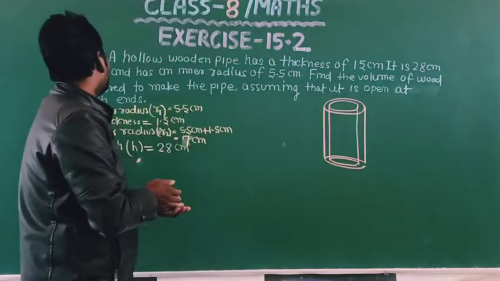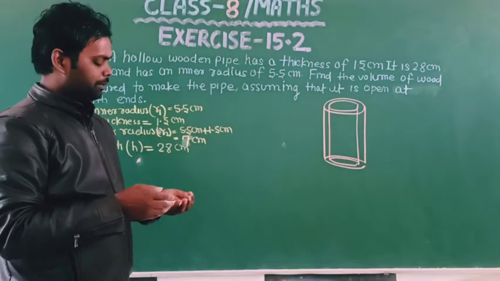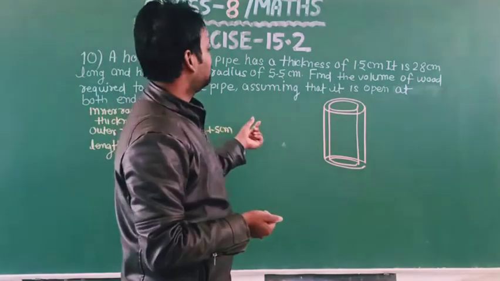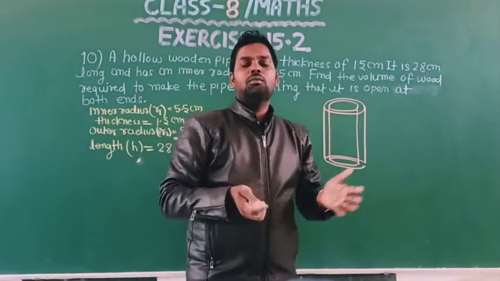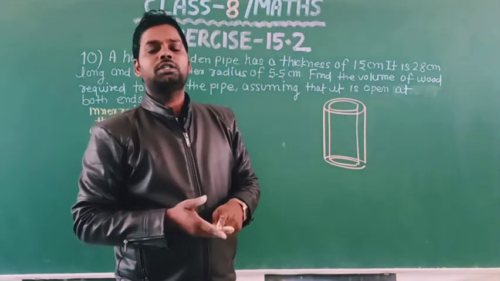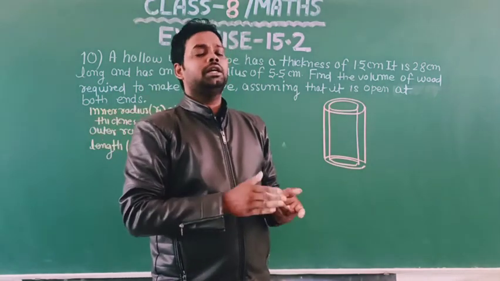the volume of the wood required to make the pipe. So the volume of the wood is calculated by the volume of the outer cylinder minus the inner cylinder.